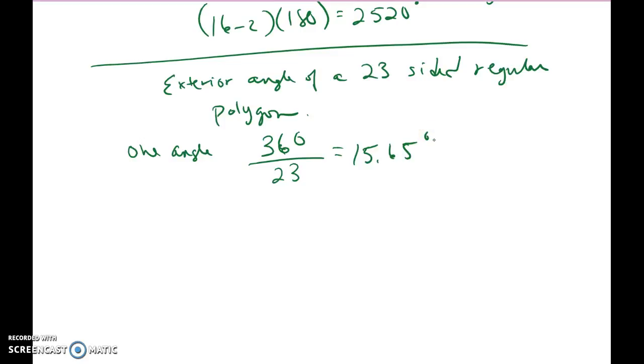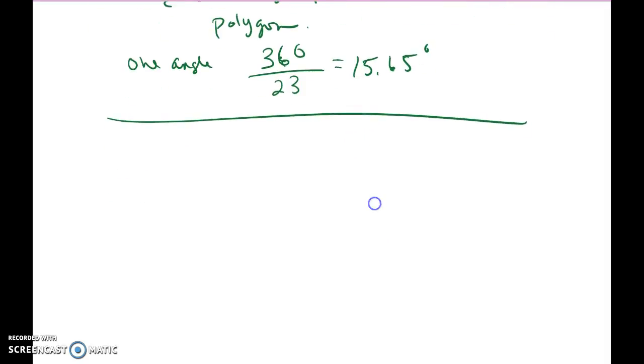And that's pretty much all there is to it, guys. The only other thing I can think of is maybe working backwards. So sometimes it'll say like, each angle of a polygon is, and then it'll give you something like 120 degrees.